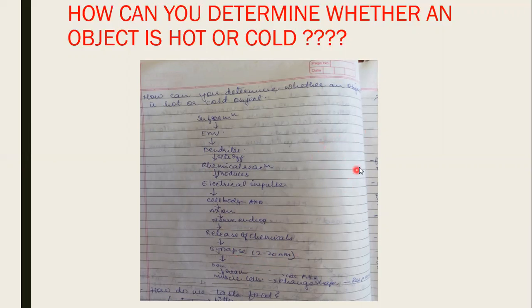The brain will understand and interpret that information, and then it will pass on to the muscle cells. Now the impulse is reaching the muscle cells. From the muscle cells, the response is taking place. How? By changing the shape of these muscle cells. Means response is taking place. How?